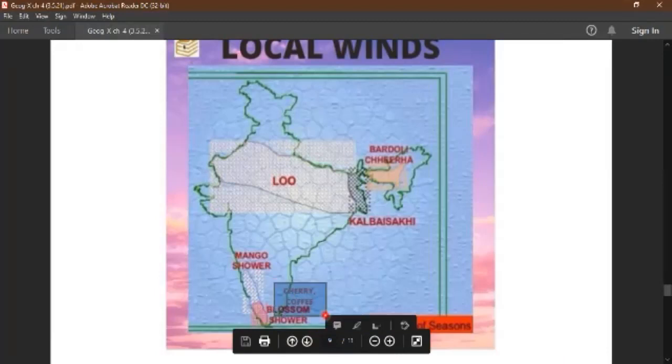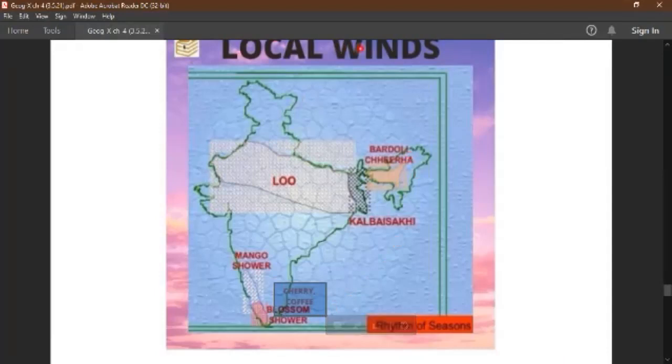So here are the local winds of India, which are influencing the climate of India during the summer season. So this is the topic for today's class.